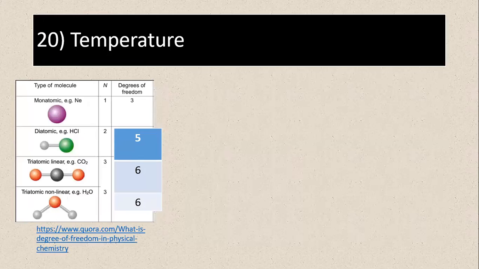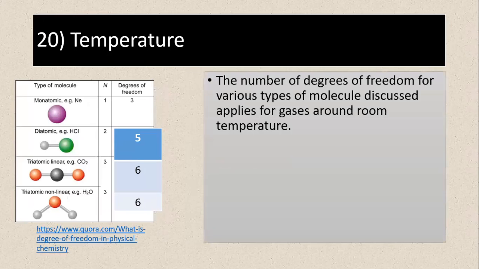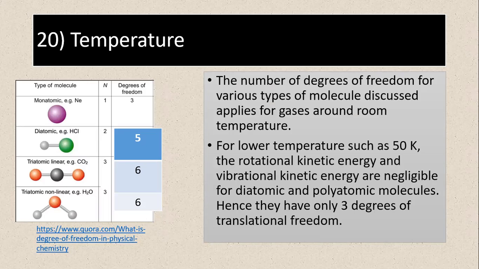You can summarize in your diagram there. The number of degrees of freedom for the various types of molecules discussed apply for gases around room temperature. At lower temperatures such as 50 Kelvin, rotational kinetic energy and vibrational kinetic energy are negligible.